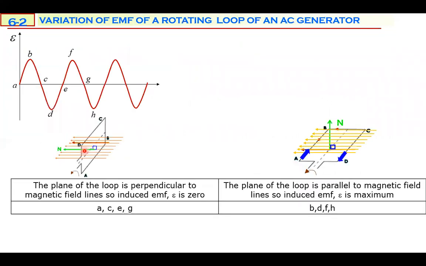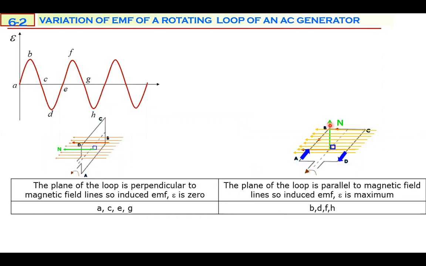And the alternating current is changing from zero to positive maximum, then zero, then negative maximum, zero, positive maximum. When the loop is perpendicular, induced EMF is zero. At what points is the loop perpendicular? Induced EMF is zero at A, C, E, G. At these points, the orientation of the loop is perpendicular to the magnetic field lines.